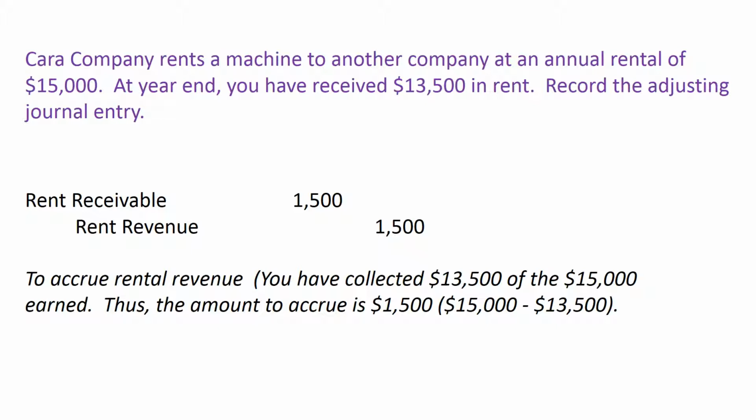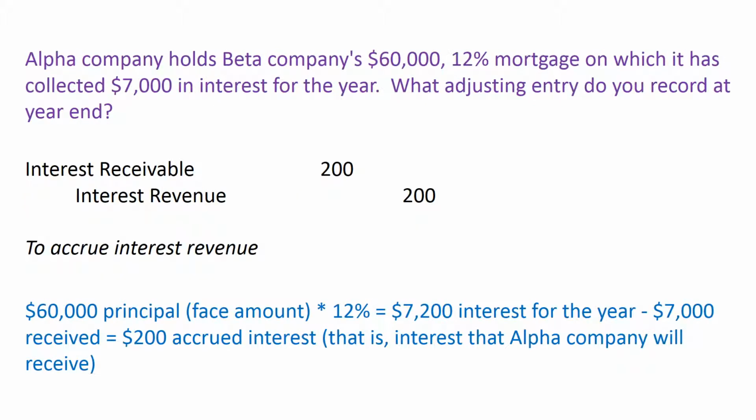Credit rent revenue, $1,500, to accrue rental revenue. You have collected $13,500 of the $15,000 earned. Thus, the amount to accrue is $1,500. $15,000 minus $13,500.